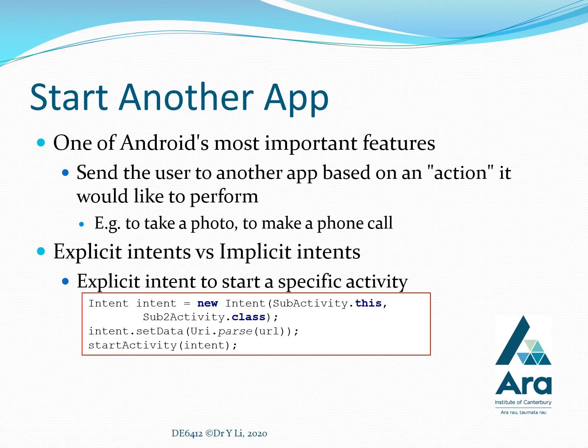The target activity is specified, and we definitely want to start that particular activity. Here is the Java code. It creates an explicit intent by taking the target class as the second argument in the constructor.